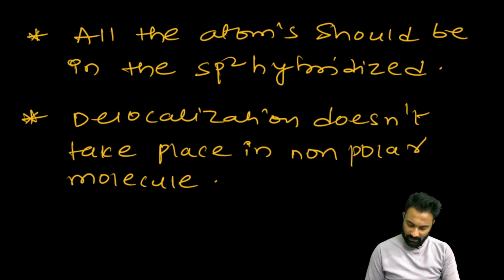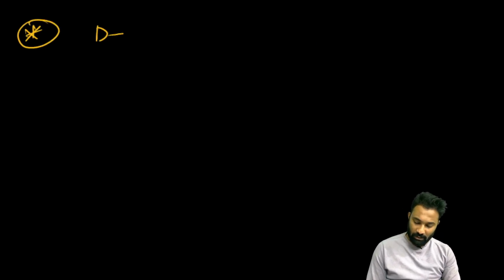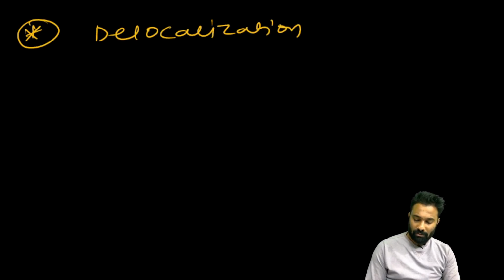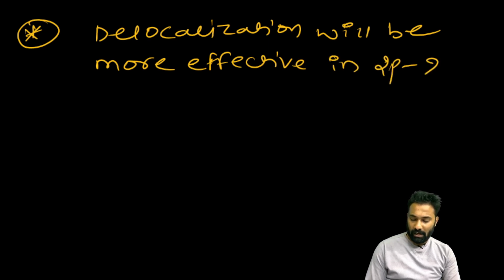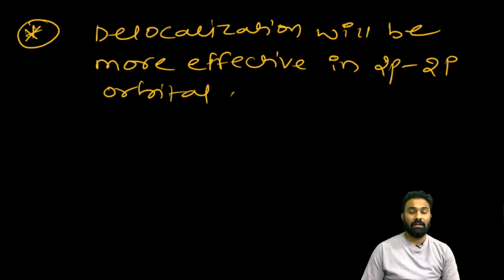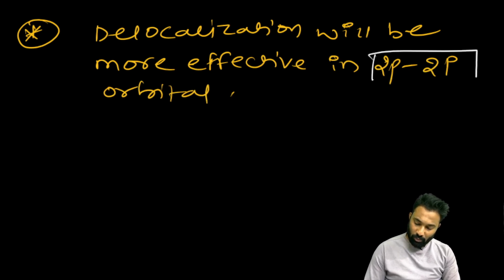Okay? Now, the next point you have to remember is that delocalization will be more effective in 2p and 2p orbitals. In the 2p orbitals, it will be more effective. Why will it be more effective?